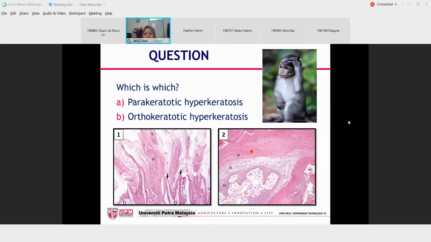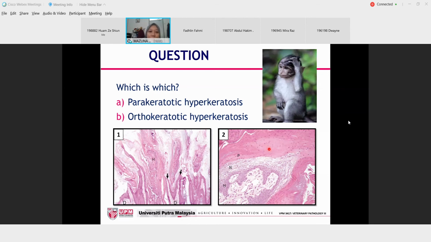Can you tell our friends? Because in orthokeratotic the cells are anucleated, and in parakeratotic the cells are nucleated. Yes, very good. So you can see here the stratum corneum is very thickened and there is no nuclei in the stratum corneum, so it's orthokeratotic. In comparison, in image number 2 the stratum corneum is definitely thickened but there are still nuclei. So these are parakeratotic hyperkeratosis.